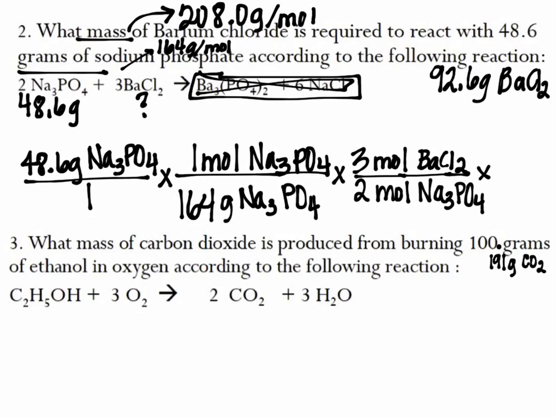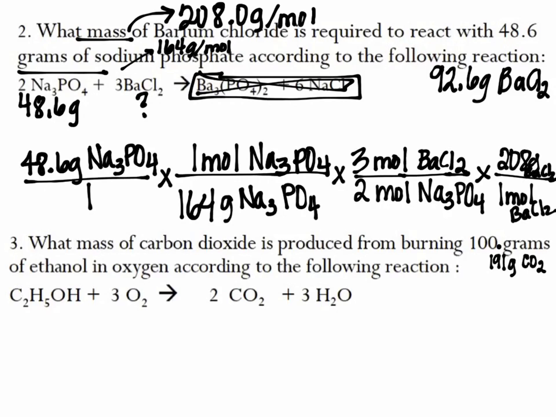Now we need to get rid of our moles of barium chloride, and to do that we need to convert to grams. So for every 208 grams of barium chloride, there is 1 mole of barium chloride.